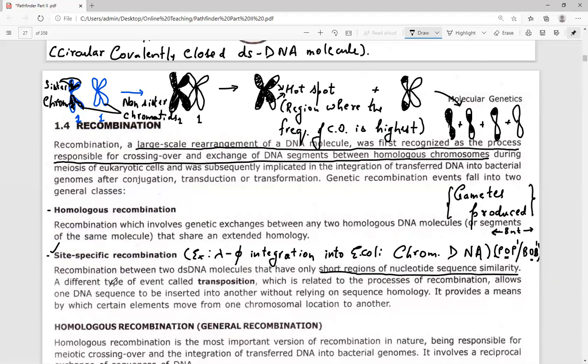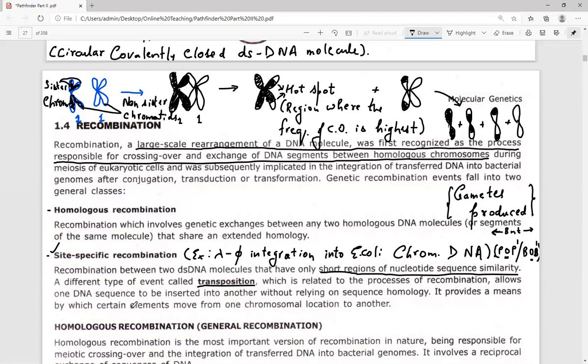A different type of event called transposition is another type of event that takes place. What is transposition? Transposition is a movement of a DNA molecule from one site in the genome to another site. It is related to the process of recombination, allowing one DNA sequence to be inserted into another site without relying on sequence homology.